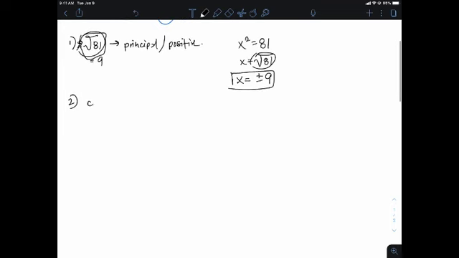We can't take the square root of a negative number. We can take the cube root of a negative number. So the cube root of negative 8 is negative 2, and that's okay, but we can't take the square root of a negative number. So when we get solutions, we need to make sure that they don't include restricted values.